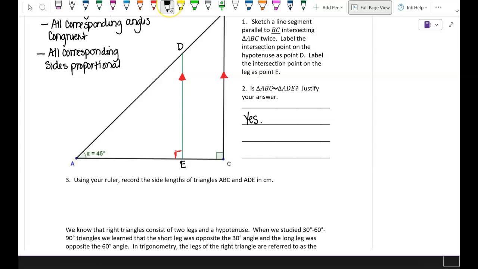So the segments that we need to measure, we need to find out what does AC equal, what does BC equal, and what does AB equal. Those are the three sides of the large triangle. And then we need to do the same thing for the smaller ones. So AE, what does it measure?